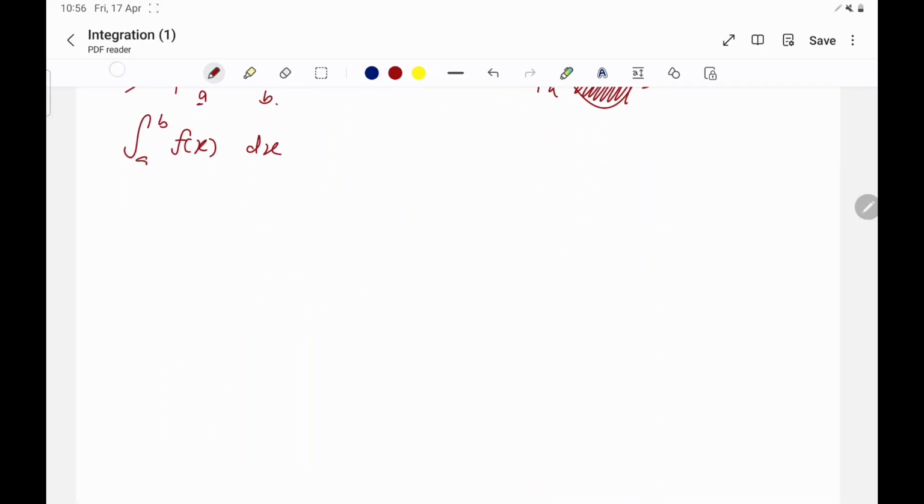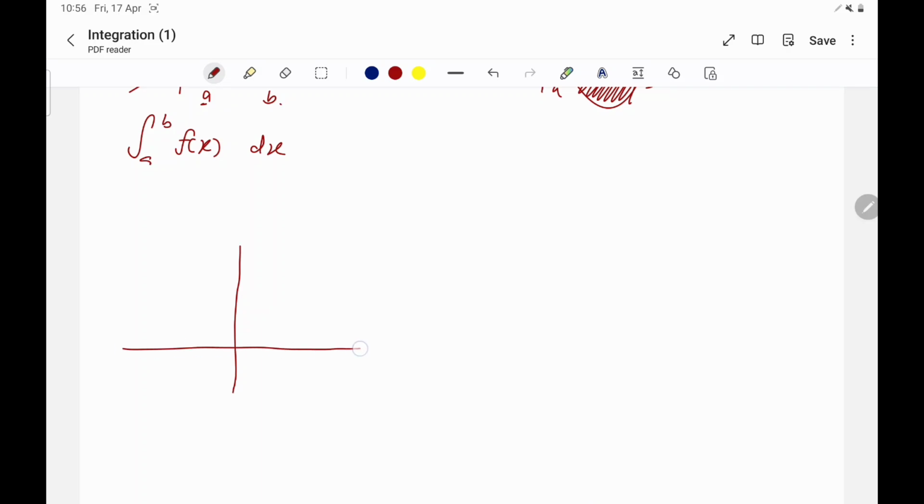So let's say I have another type of graph, like this. I want to know the area starting from a to b. So by right, the shaded part here is this one and this one. So how to find this? Using integration.